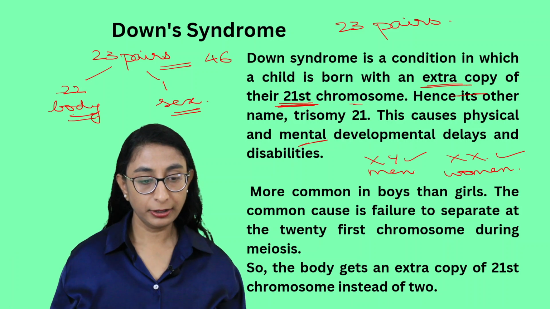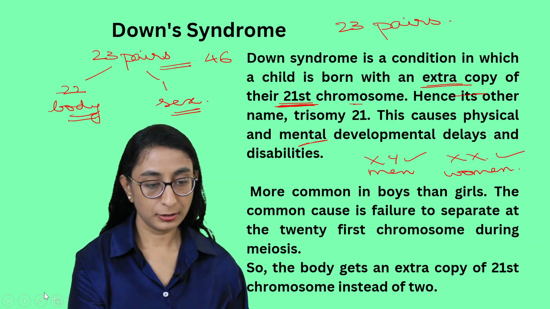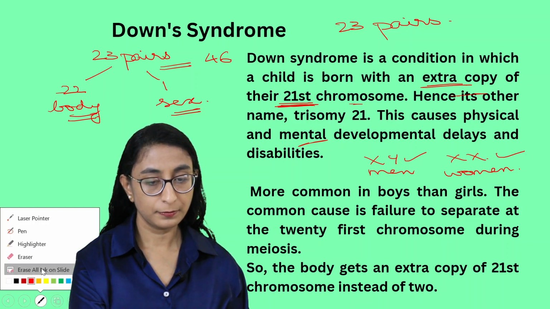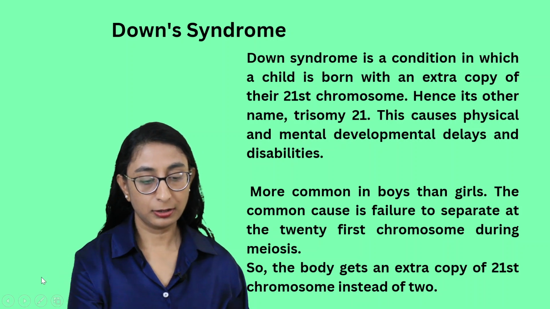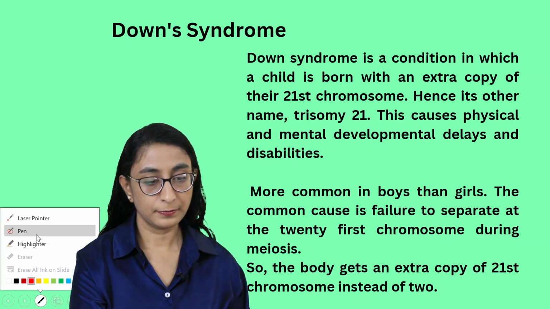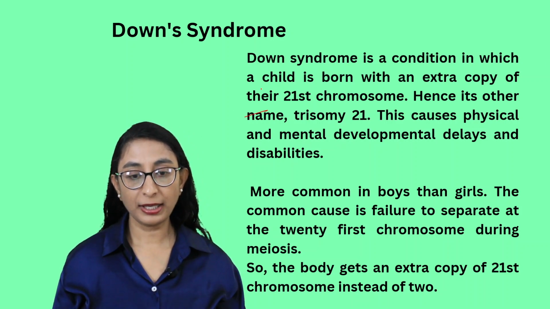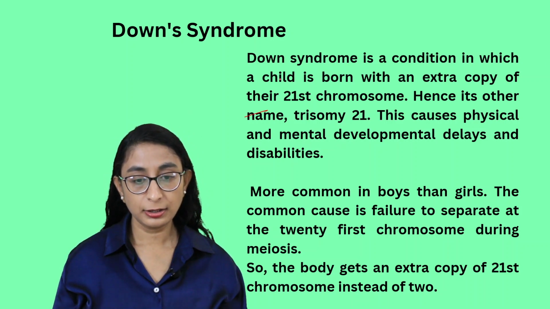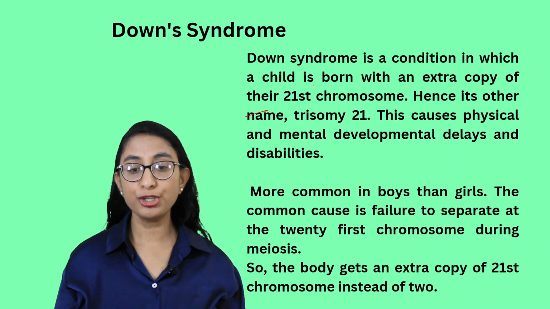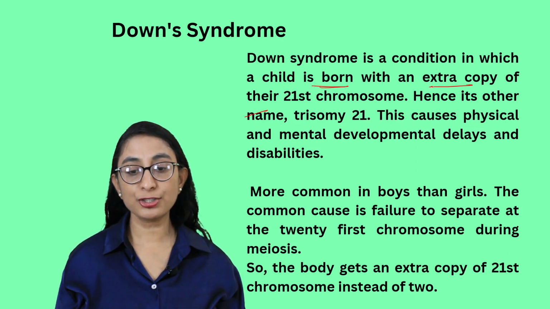So here you can see, Down syndrome is the condition in which a child is born with an extra copy of the chromosome in the 21st position.